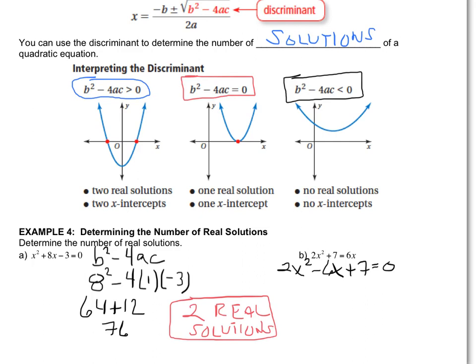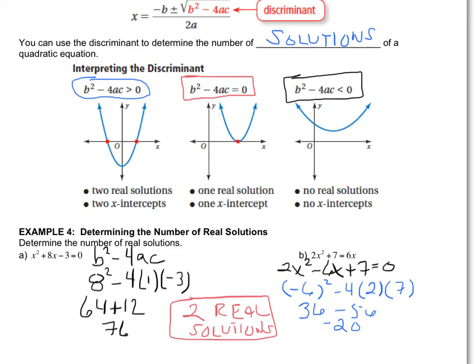At that point, my b squared is negative 6 squared minus 4, the a value is a 2, and the c value is a 7. When I do negative 6 squared, I get negative 36, and then when I subtract 56, that gives me negative 20.